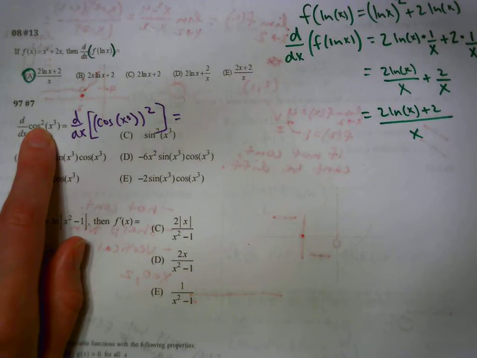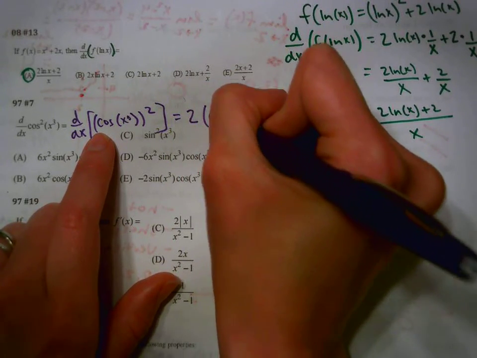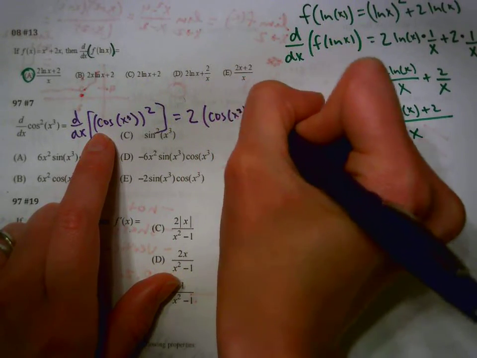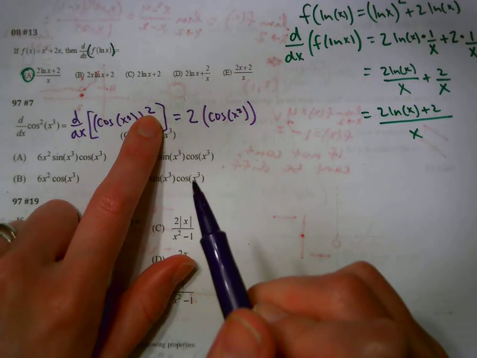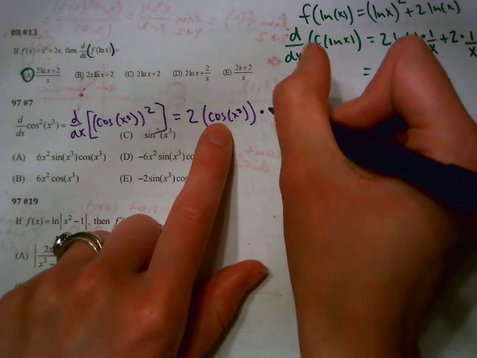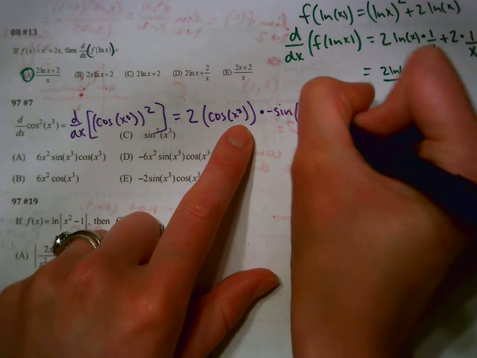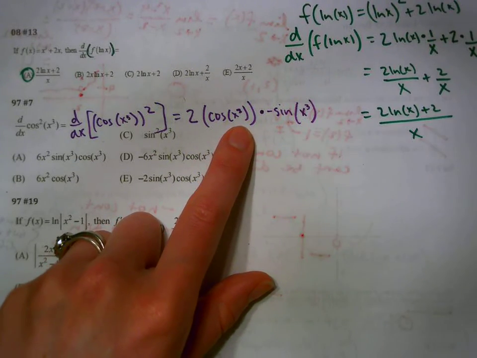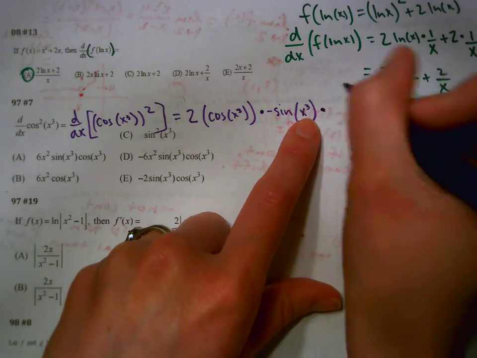and put it on the outside of your cosine or sine or whatever trig function. So bring the 2 to the front. Keep the whole inside the same. Then subtract 1, so that would just be exponent 1. Times the derivative of the next outside, which would be cosine. The derivative of cosine is negative sine. Still got to keep the inside the same. You can only do the derivative of one thing at a time. And then you still got to do times the derivative of that most inner thing.